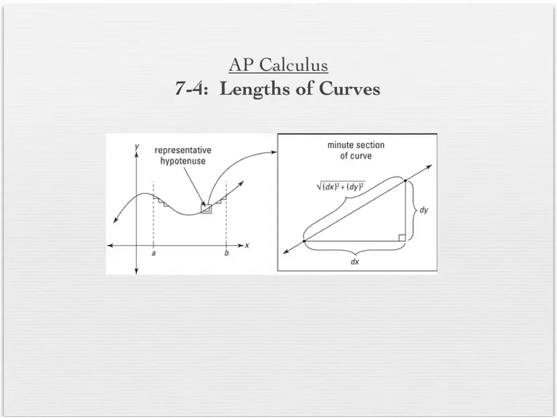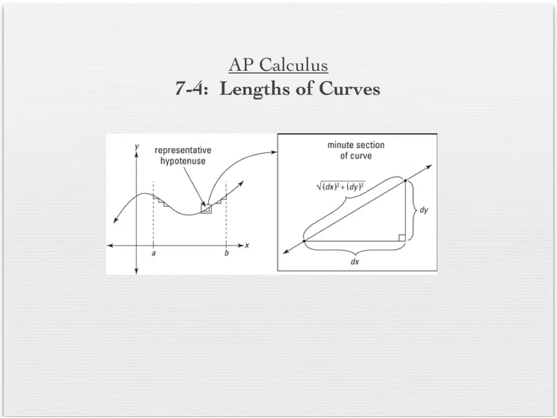I think you can picture here, as we can see on this diagram, that if we have a curvy line, we can zoom in on any one part of that curve, and we could make a little right triangle out of all this. And if we thought about the x and y legs of this right triangle, we could think of that as the change in x and the change in y.